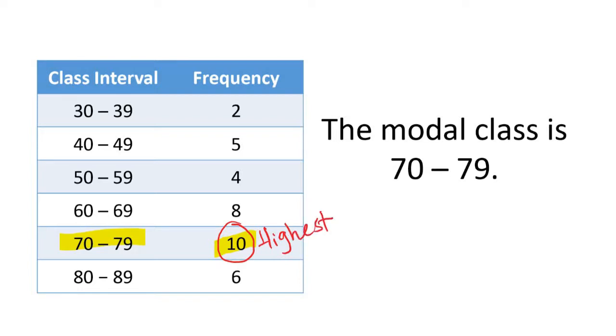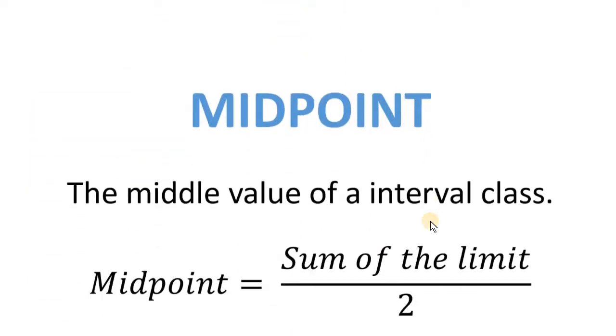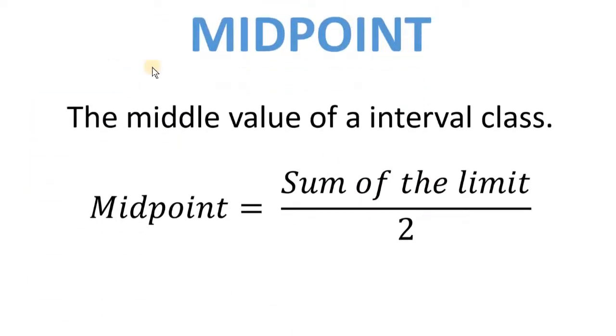So remember, the modal class is the class interval with the highest frequency. That's why I say modal class is something like what you have learned in ungrouped data, which is represented by the mode.